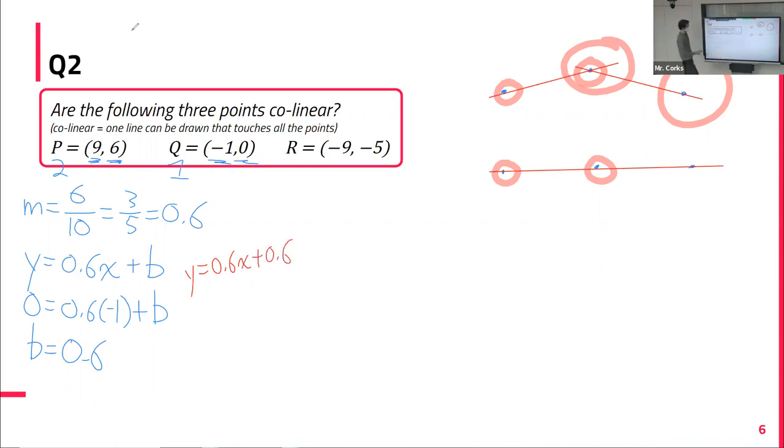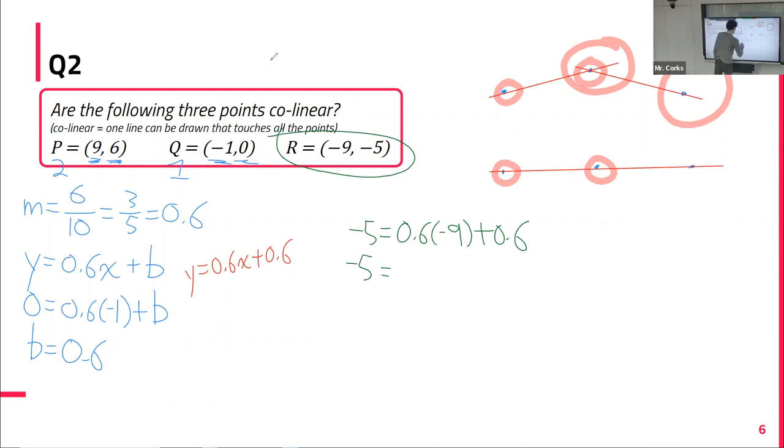And then we just substitute in our values from point R here. So it would have to be true that -5 is equal to 0.6 times -9 plus 0.6. All right, right side, 0.6 times -9 is -5.4 plus 0.6.